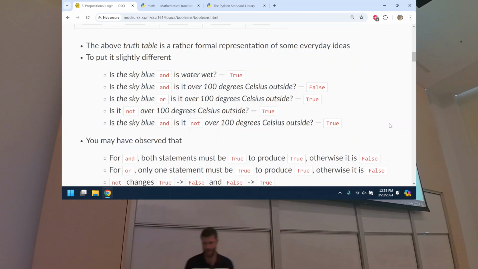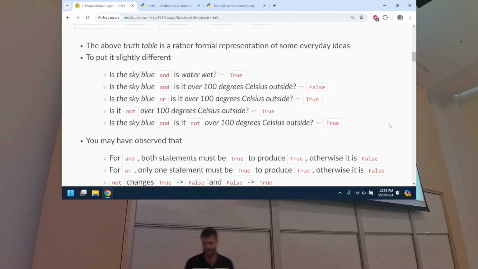So, is the sky blue and is the water wet? True. Is the sky blue and is it over 100 degrees Celsius outside? False. Sure the sky's blue, but it's not also over 100 degrees Celsius outside. Maybe it was yesterday. Is the sky blue or is it over 100 degrees Celsius outside? Well, that's true because, I mean, the sky is blue. I don't care about the other question.